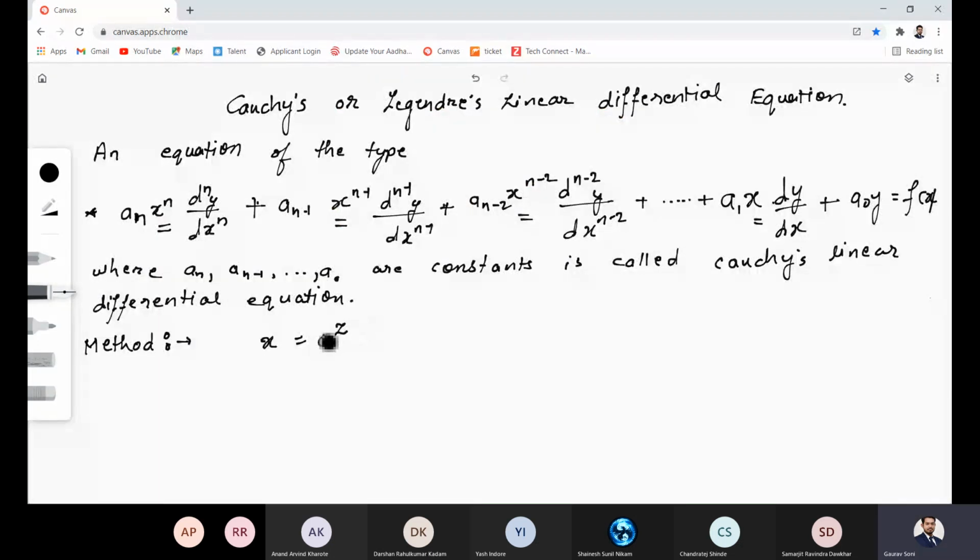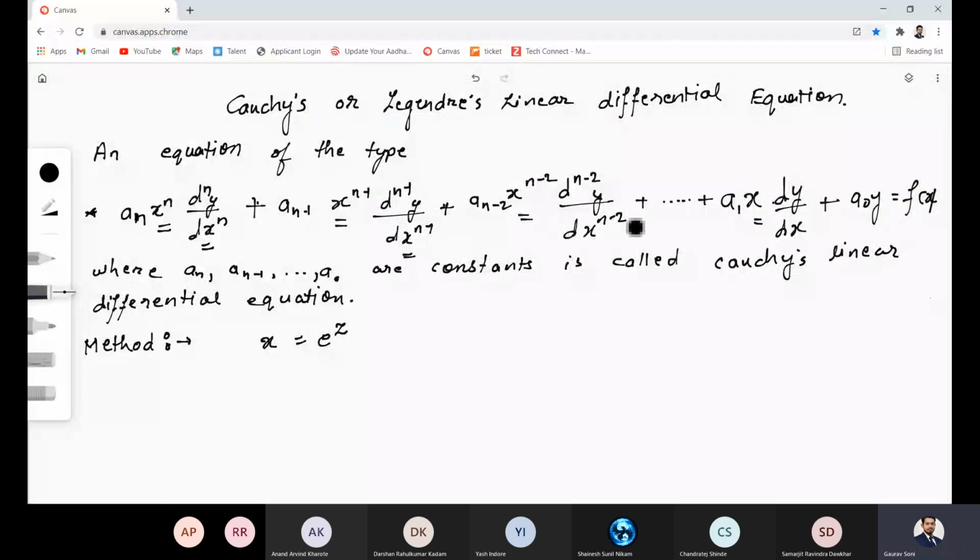The moment we put x is equal to e raised to z, all these terms are going to change: d^n y upon dx^n, d^(n-1) y upon dx^(n-1), d^(n-2) y upon dx^(n-2), and so on. So we need to make all the changes over there. As you can see, the variable y is dependent and x is the independent variable. So in order to replace dy by dx, I will differentiate this with respect to y.